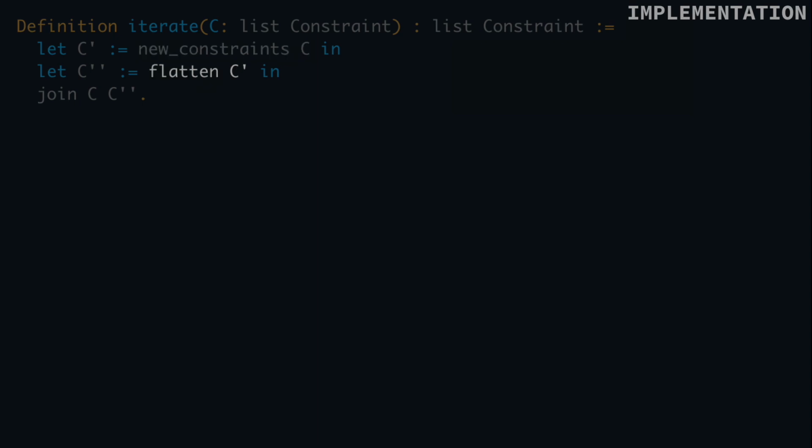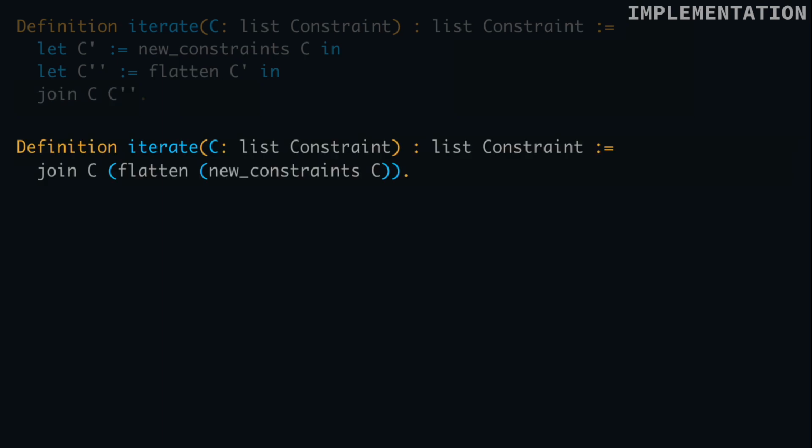Flatten will just make sure that those constraints are tightened, and join will simply append these new constraints to the ones from the previous iteration, while also ensuring that no constraint remains that is trivially implied by another one in the final list. We observe that we can actually understand this iterate function as the composition of join C, flatten, and the new constraints.